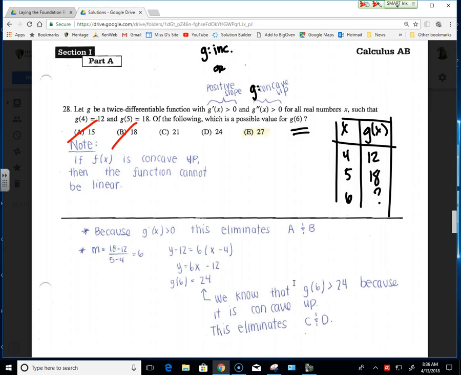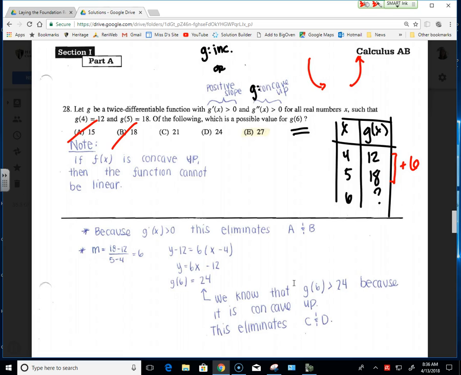Okay. Nice thing is, I'll just leave it there. C and E. Now we have to think about, ready? How much did this increase by? 6. If I have the increasing portion of a concave up graph, concave up can be concave up decreasing or concave up increasing.